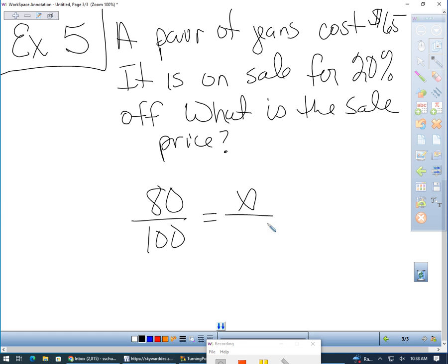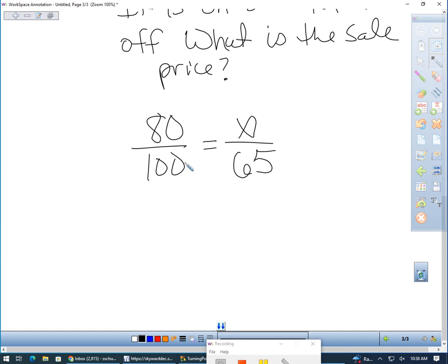And what were they originally? Now we cross multiply. 100 times x is 100x equals 80 times 65. And then to solve for x, we divide by 100.